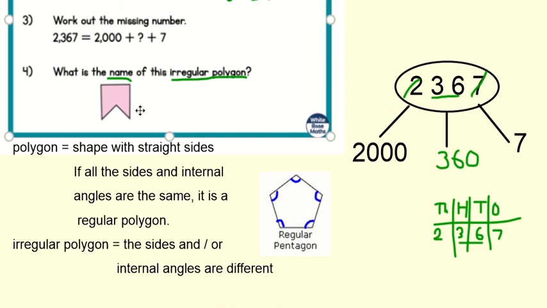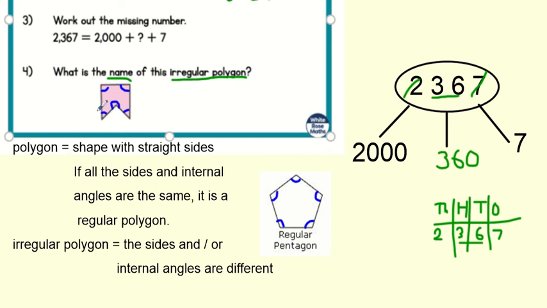So let's have a look then. They're telling us this is an irregular polygon. So the sides are different lengths. These here are different lengths to these lengths. And the angles inside of the polygon are all different.